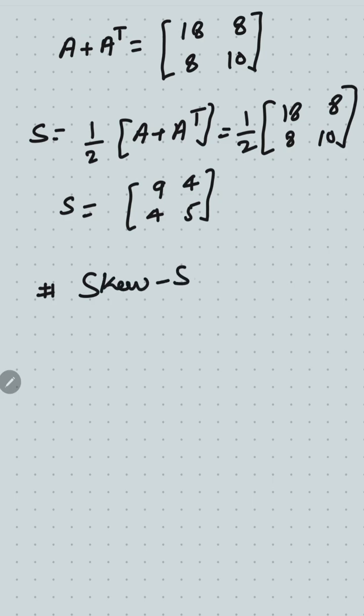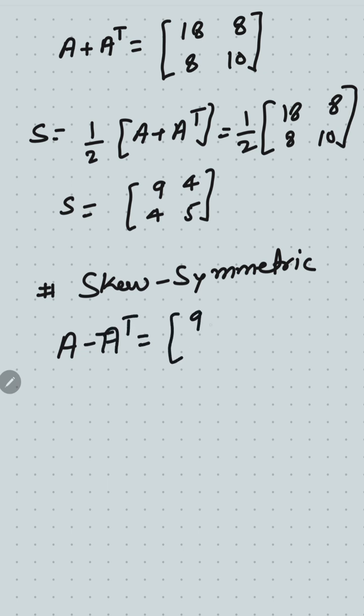Now we find the skew matrix. It means A plus negative A transpose, that is 9, 6, 2 and 5 plus negative 9, 2, 6 and 5.